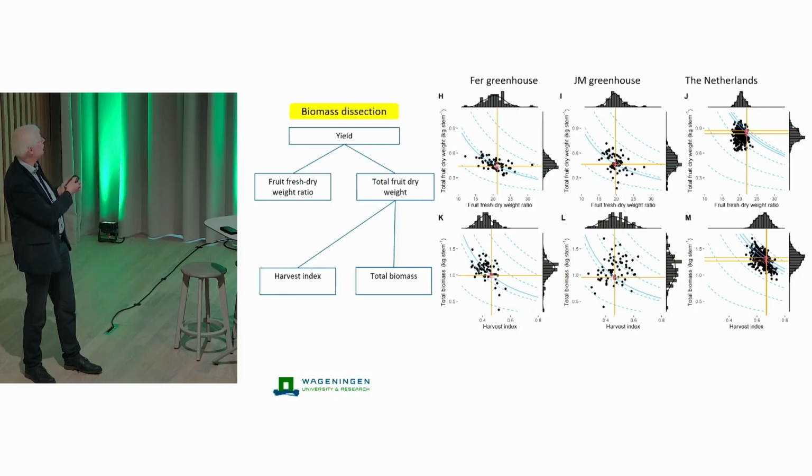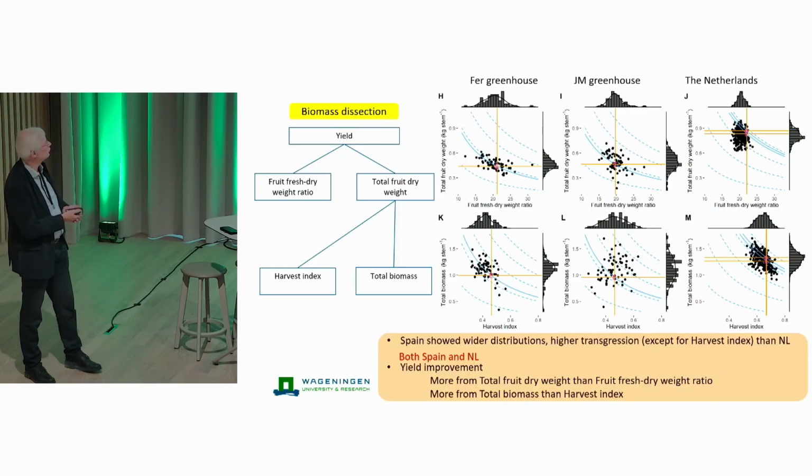So those are the two components in the first level of the dissection. In the three graphs at the bottom, we have the second dissection between harvest index and total biomass. Harvest index on the x-axis, total biomass on the y-axis.